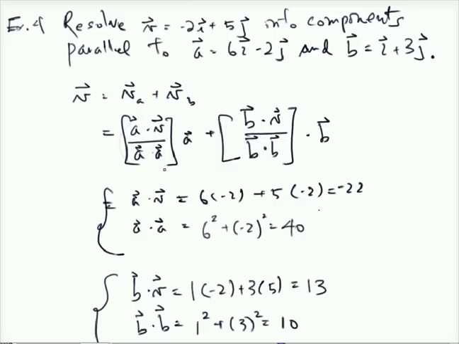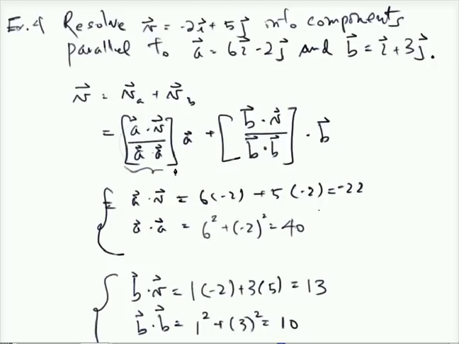The rest is just plug and chug. Just keep in mind that this vector is being projected onto vectors a and b, which are arbitrary. It doesn't matter what they are. So what we have to do is a lot of calculation.